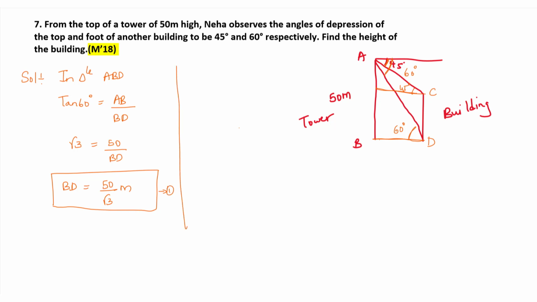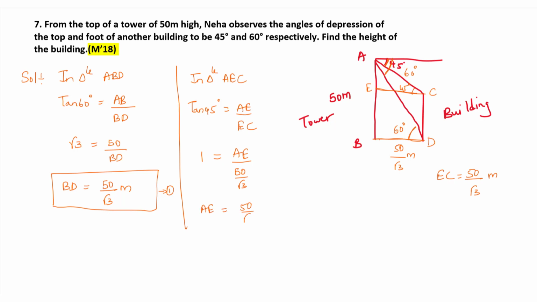Now, let this point be E. In triangle AEC, we have tan 45 as opposite AE and adjacent EC. If BD is 50 by root 3 meters, then EC should also be 50 by root 3 meters because they are equal distances. Tan 45 value will be 1, AE we don't know, and EC is 50 by root 3. So we got AE as 50 by root 3 meters.